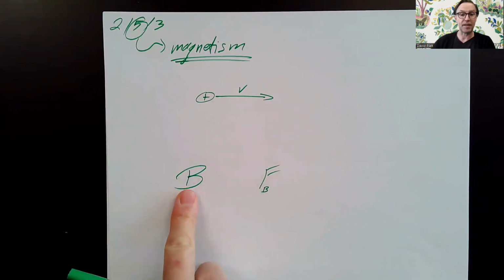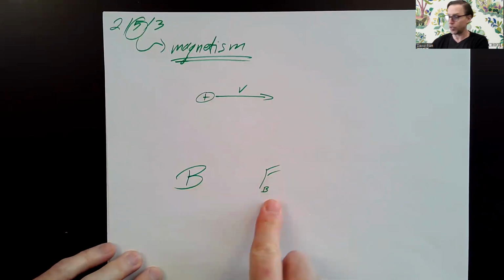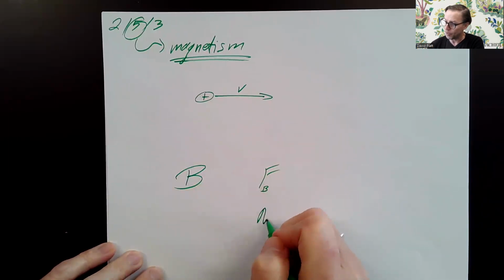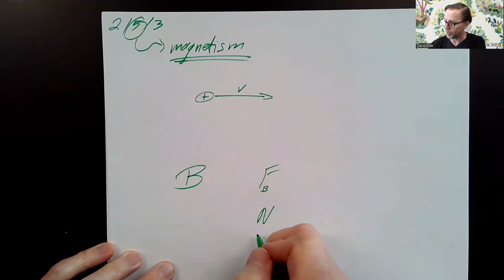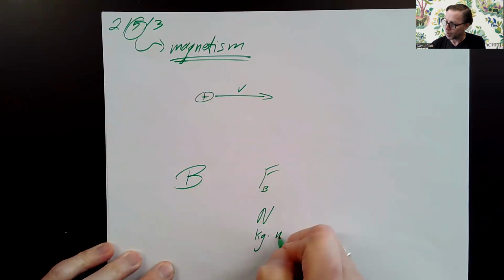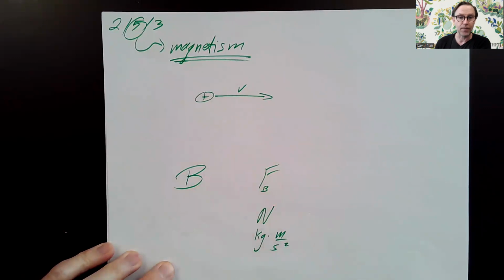So this is a magnetic field. This is a magnetic force. All forces have the unit newtons, which is the same as a kilogram times meters per second squared.